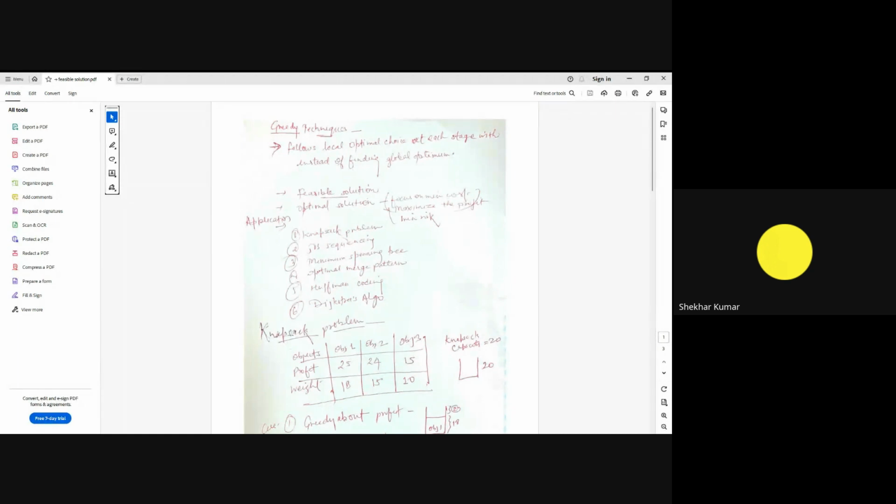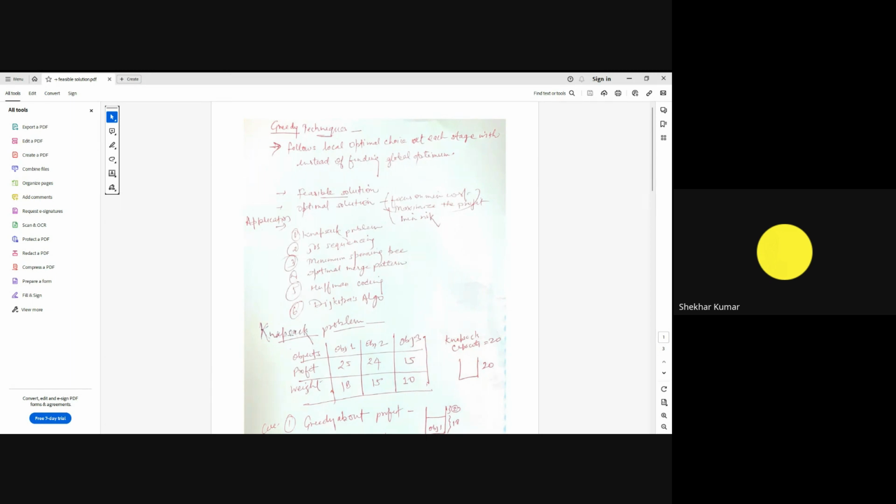Then this optimization problem is called a minimization problem. Every time you select the best path, the best selection, to get the minimum cost for traveling from one location to another. It especially focuses on minimum cost.